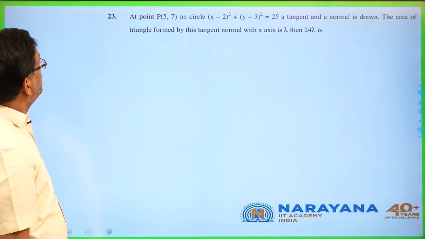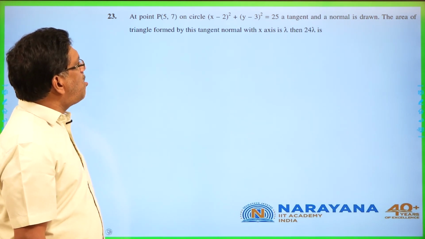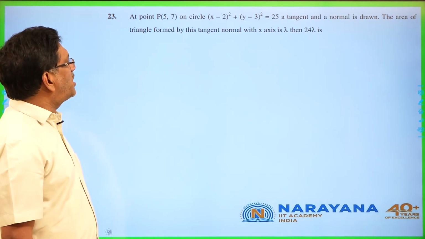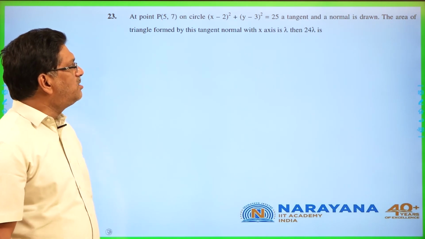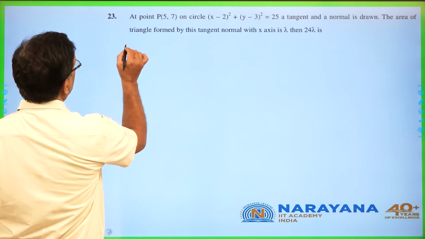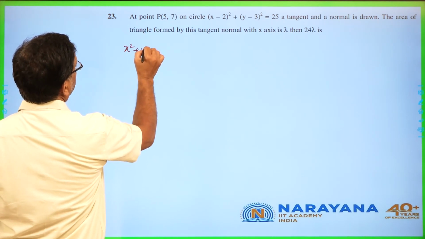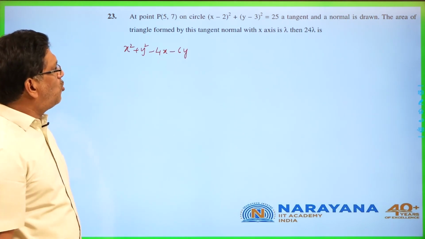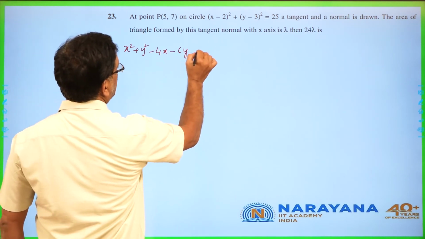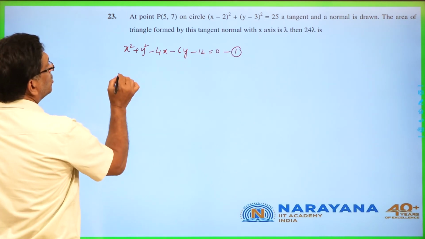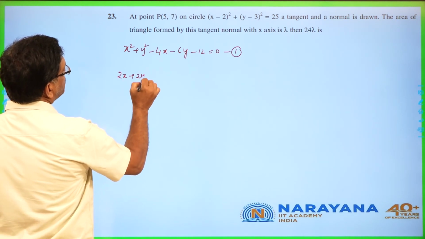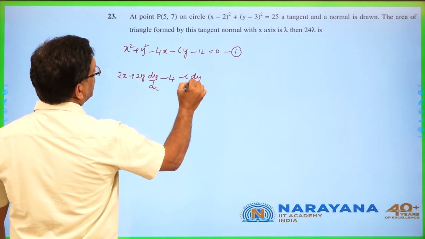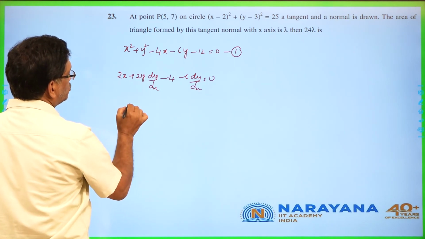At a point P (5, 7) on the circle, a tangent and a normal are drawn. Find the area of the triangle formed by this tangent and normal with the x-axis. The given circle is x square plus y square minus 4x minus 6y minus 12 equal to 0, since 4 plus 9 is 13, minus 1 gives minus 12. Differentiating, 2x plus 2y dy by dx minus 4 minus 6 dy by dx equal to 0.